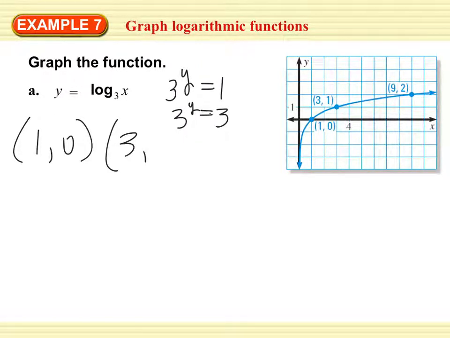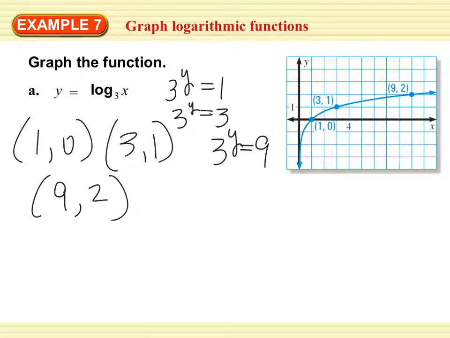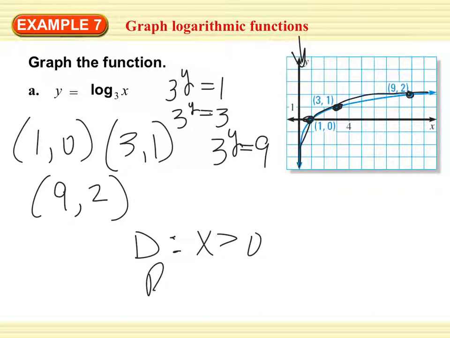So 3 comma 1. And then 3 to the y equals, I don't know, 9. So I can do 9 comma 2. If I plug those in, I can get a pretty decent graph. So 1 comma 0, 3 comma 1, and 9 comma 2. We know that it's not going to cross the y-axis because our domain is x greater than 0, and our range is all real numbers.